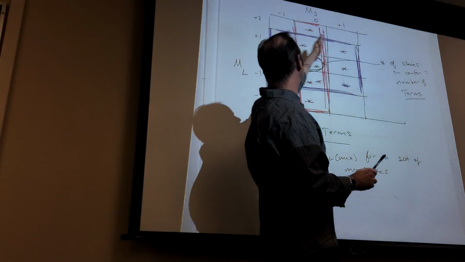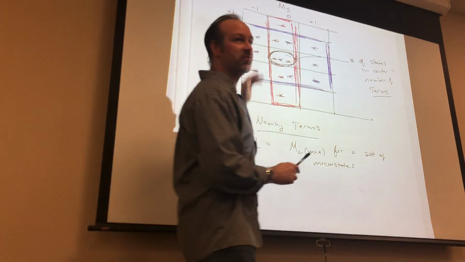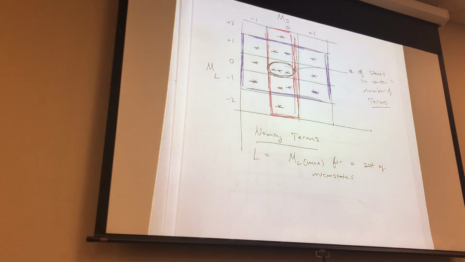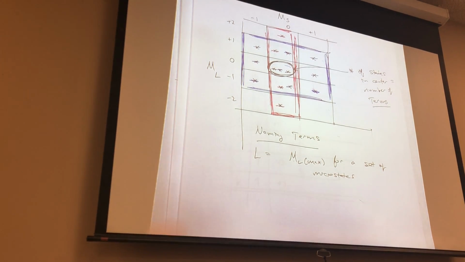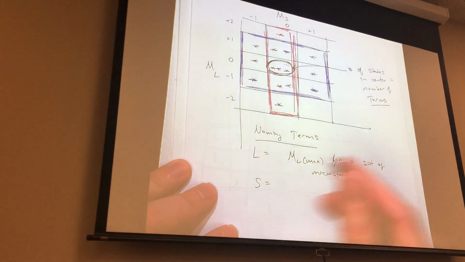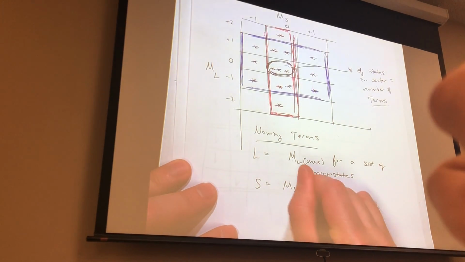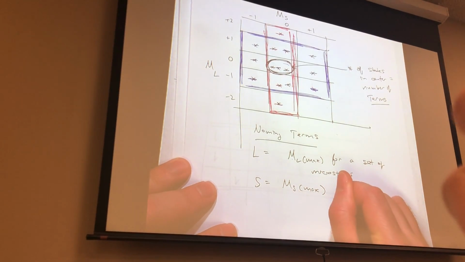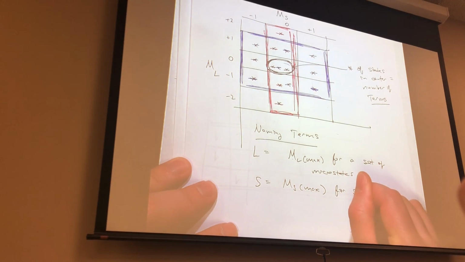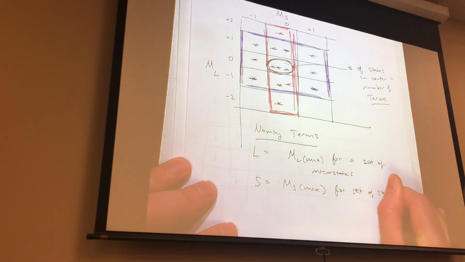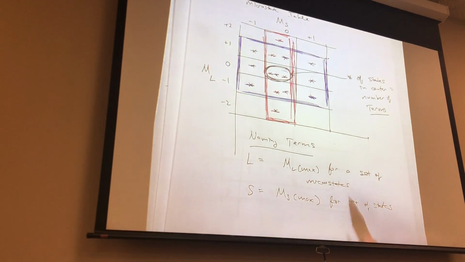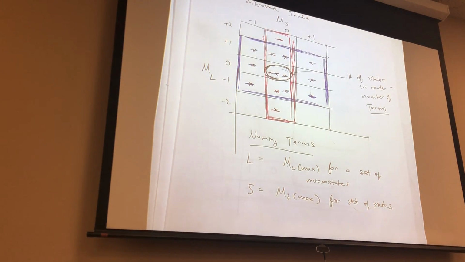Anyway, so we have an M sub S range here of +1 to -1. And so there's a capital S term, which we use as part of our name, which is the M sub S max, again, for a set of states. So for each of these boxes, we're going to figure out what L and S are. I'll mark them right near our table.